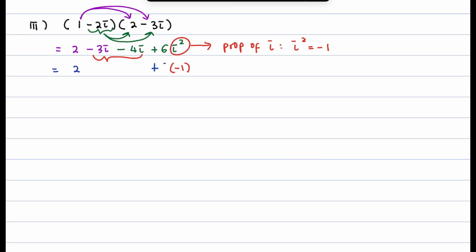Now, this one will be plus 6 multiplied by negative 1. And the imaginary part here, you can simplify negative 3i minus 4i, which gives us negative 7i. Now, 6 multiplied by negative 1, you can simplify. You're going to get 2 minus 6 minus 7i. As such, this simplified will give us negative 4 minus 7i.